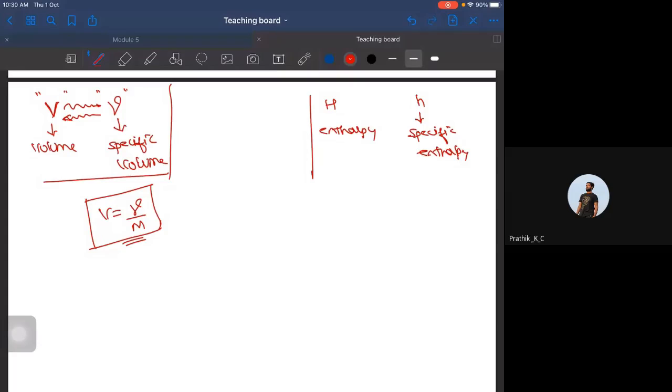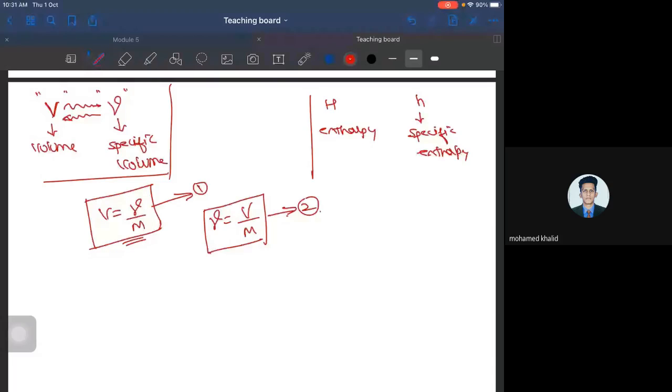So I have a doubt whether the specific volume is capital V by M. So both the things are there, number 1 and number 2. Which one is correct? Number 2, sir. How many of you say it is number 2? How many of you say number 1 is correct? Number 2 is correct, sir.